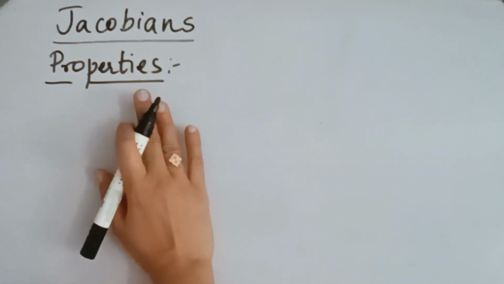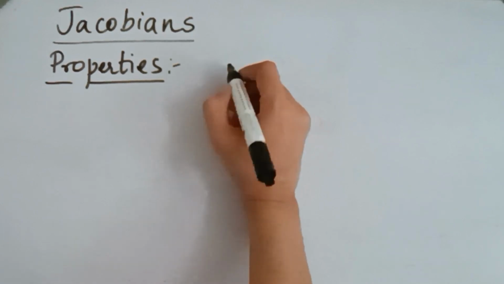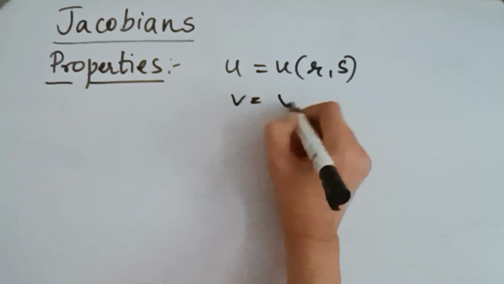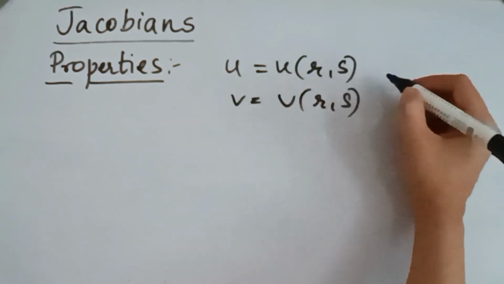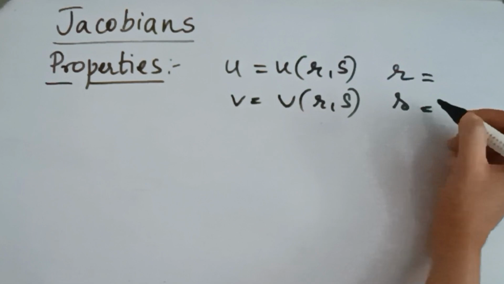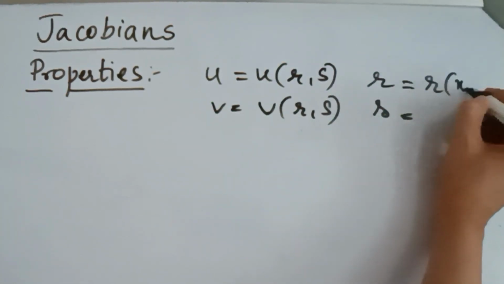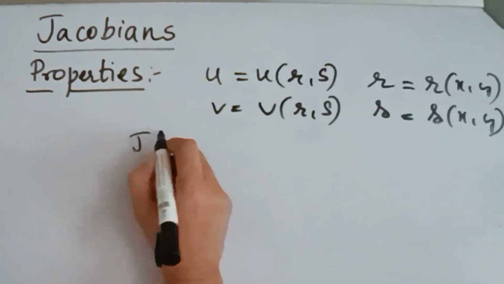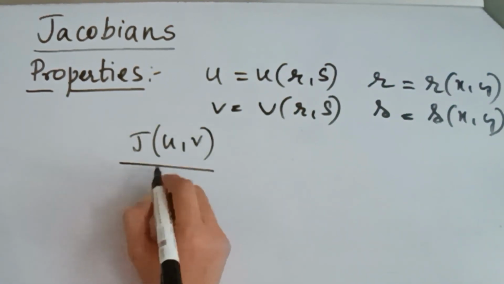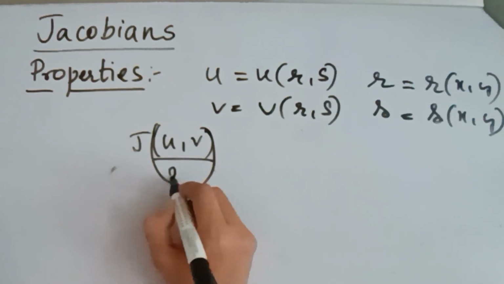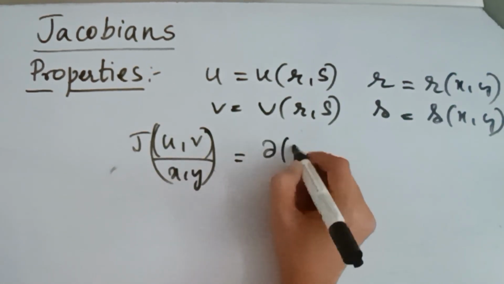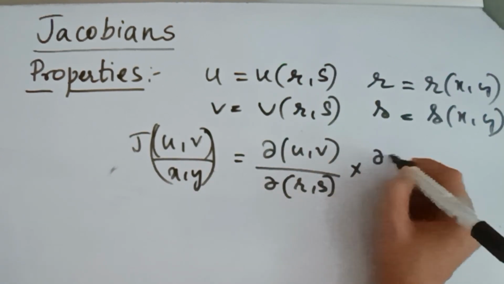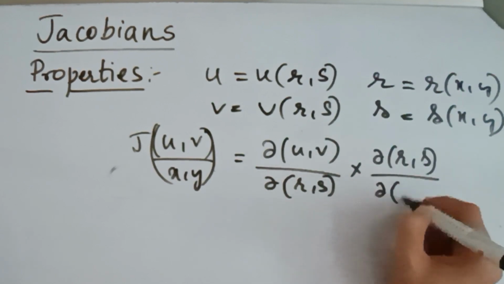Now, let us learn some properties of Jacobians. If u and v are functions of r and s, and r and s are functions of x and y, then the Jacobian of u comma v with respect to x comma y is given by dou of u comma v with respect to r comma s, multiplied by dou of r comma s with respect to x comma y.